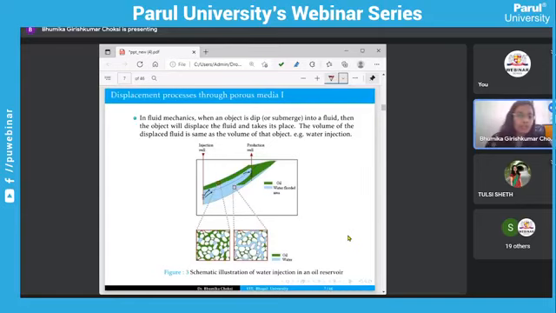So you can see the schematic diagram of water injection in an oil reservoir. This is an oil reservoir. In that, you can see the green color shows the oil, and this blue color is the water injection. From the left hand side, by the injection well, we are injecting water in the reservoir, and this water will displace the oil.